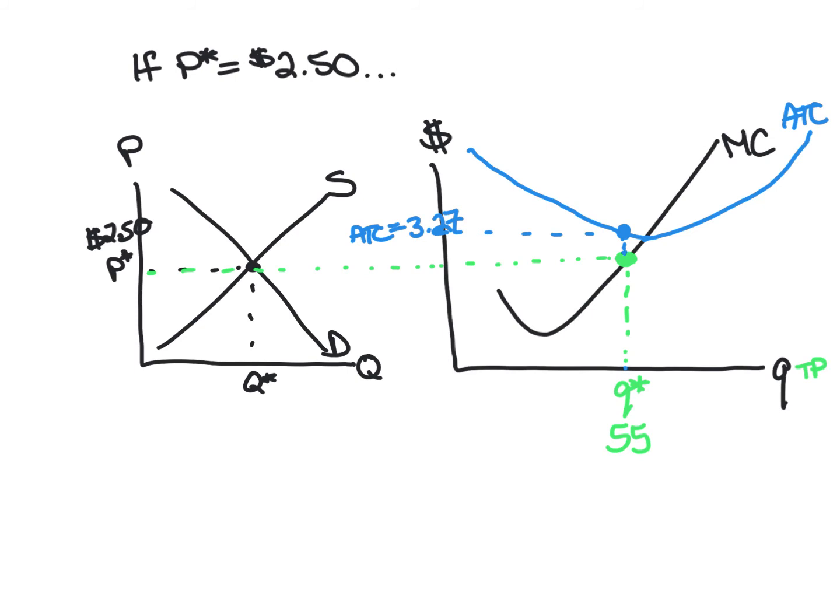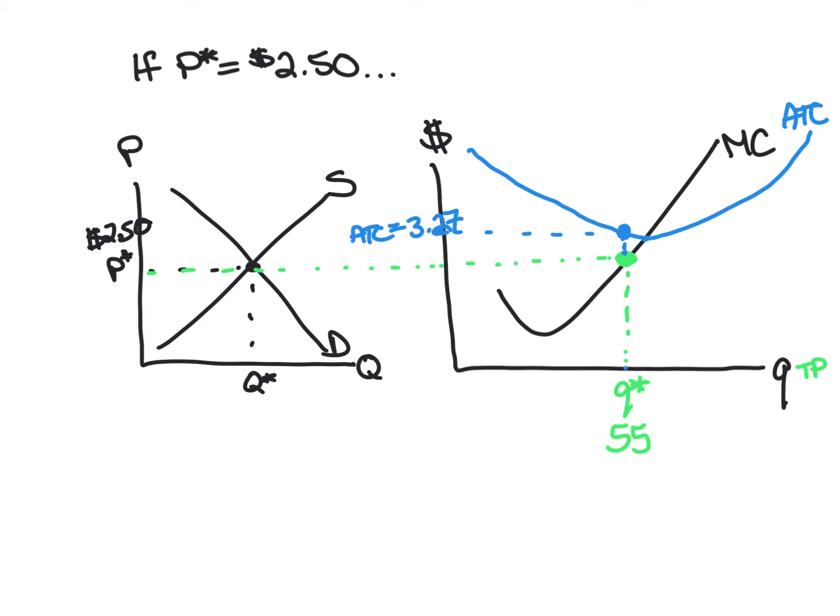$3.27. Okay, so clearly we're making negative profits because the cost of producing each of those 55 units is greater than the revenue, or the market price, received by the firm for each of those 55 units they sell. Okay, so the question is, though, how negative are the profits?